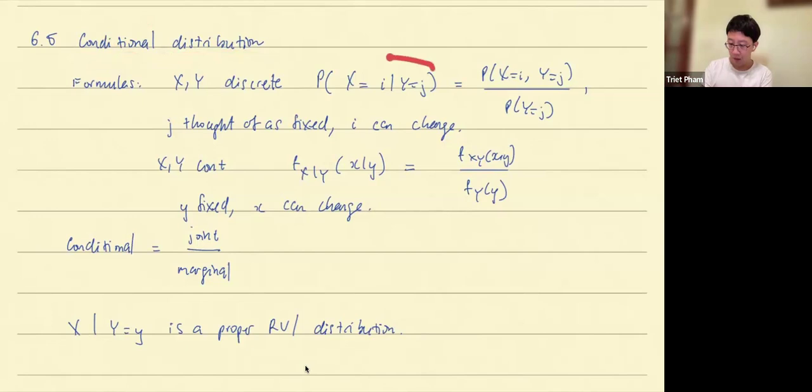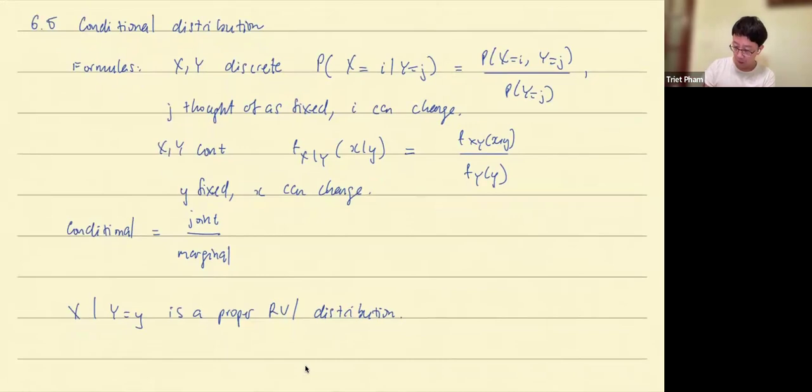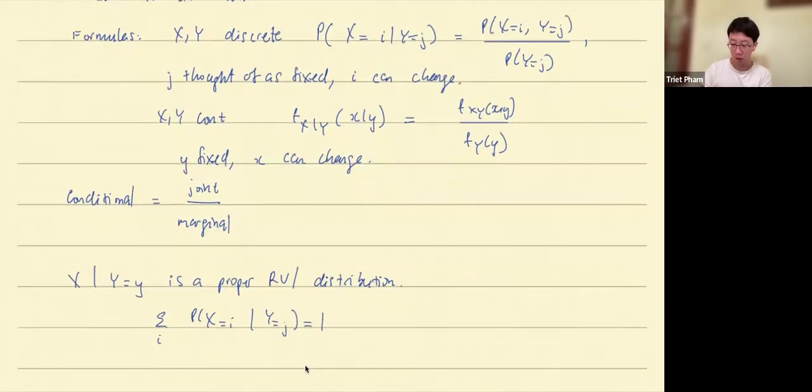For example, that's exactly the importance of i fixed, j fixed, i can change, right? Because if you sum over all values of i, you will get one. So it's a total probability.